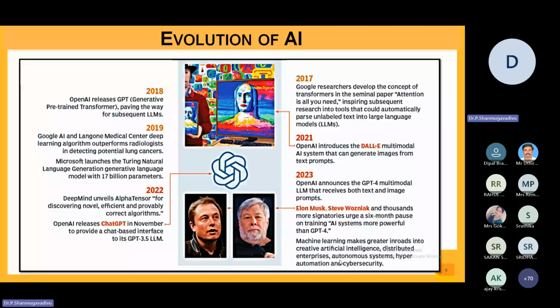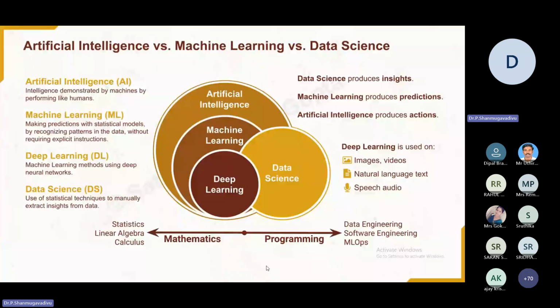Okay. So now let us have a quick understanding of what we mean by artificial intelligence, machine learning, and data science. These are all interrelated. Artificial intelligence is intelligence demonstrated by machines by performing like humans. Machine learning is making predictions with statistical models by recognizing patterns in the data without requiring explicit instruction.